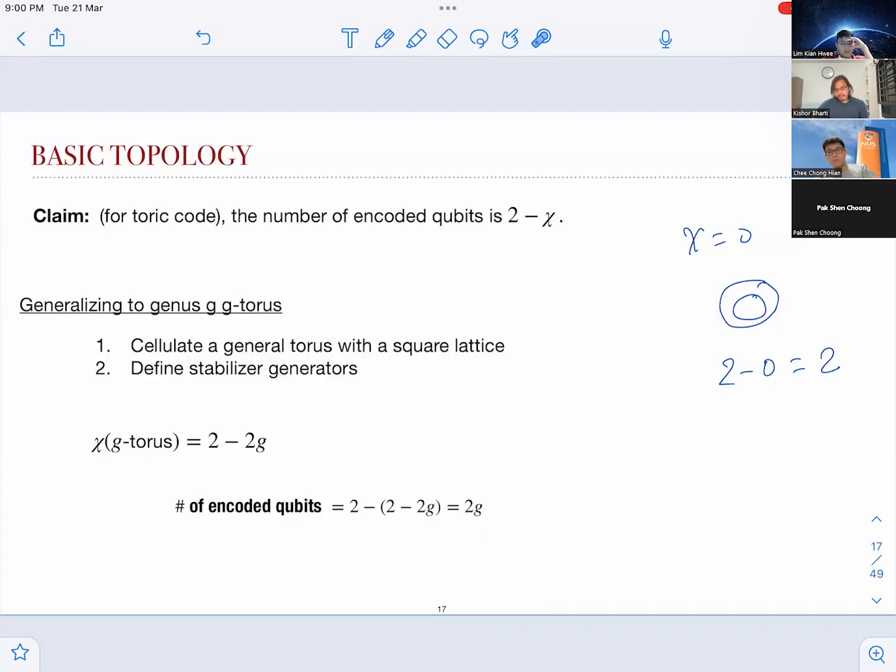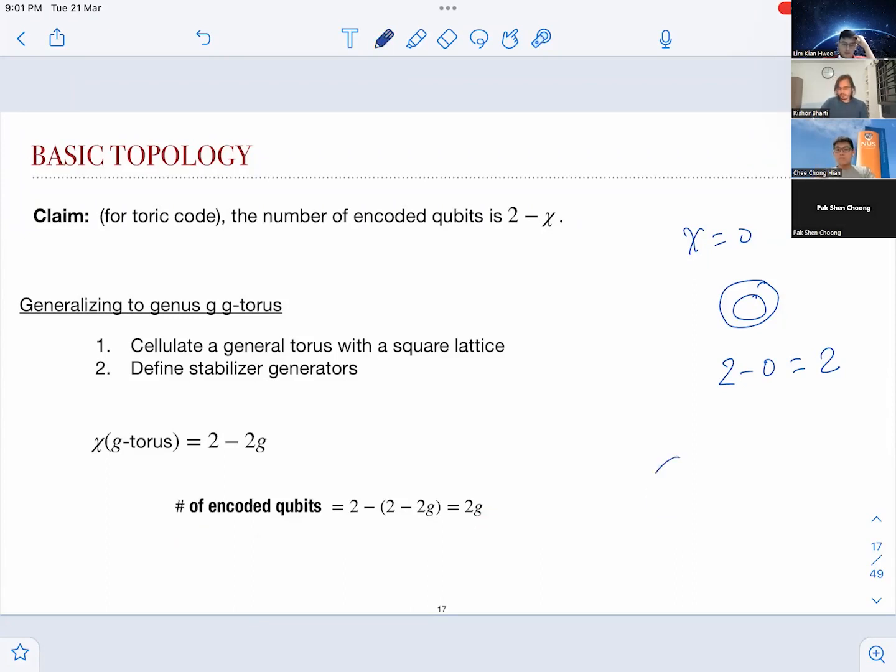So you see that the number of encoded qubits, or logical qubits, is basically a number which depends on the surface. It's a topological quantity. How many holes you have determines how many encoded qubits you have, because the number of encoded qubits is 2 times the number of holes.